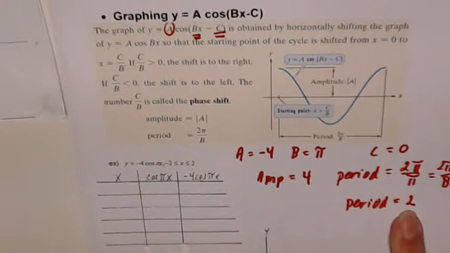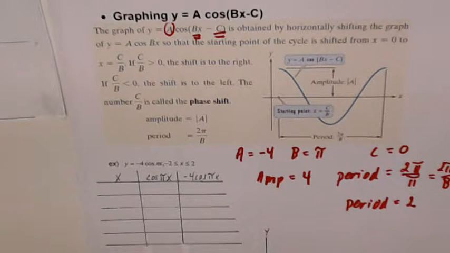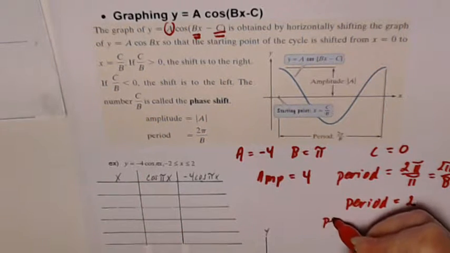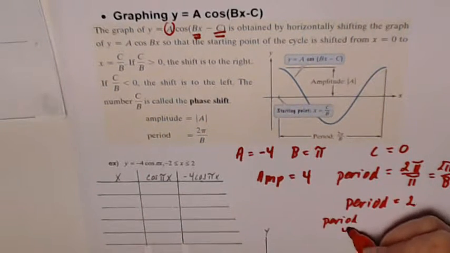So we know that our period, we're going to have a full cycle in 2, be it 2 hours, 2 minutes, 2 seconds, if it is time. And we know from the work that we did with sine that in order to generate our 5 key values, we're going to take our period and divide it by 4.